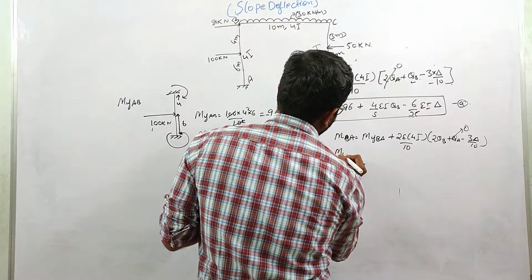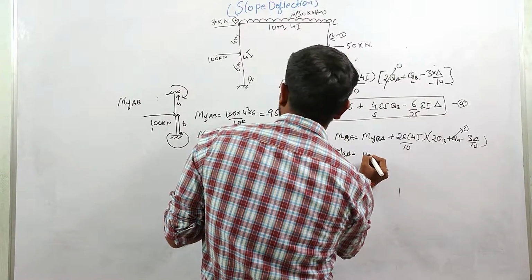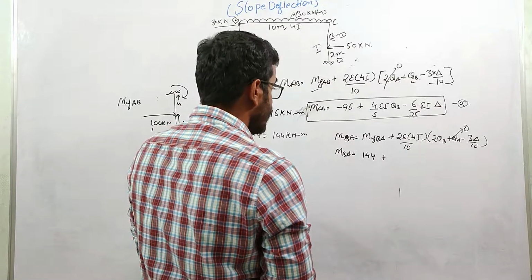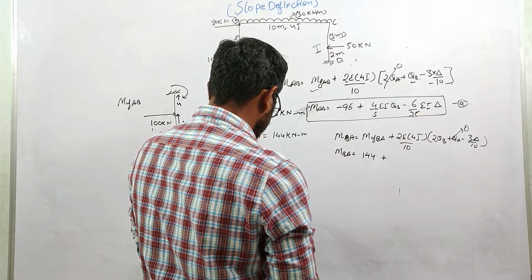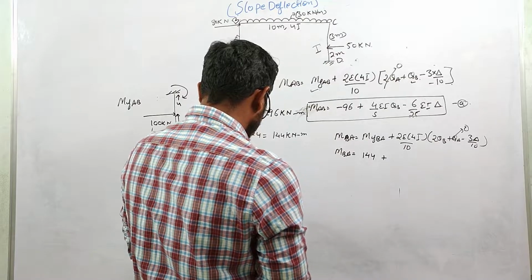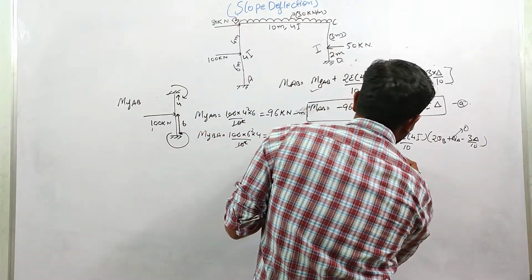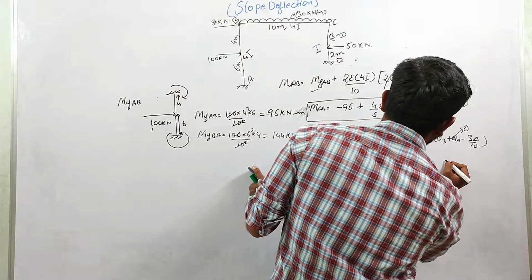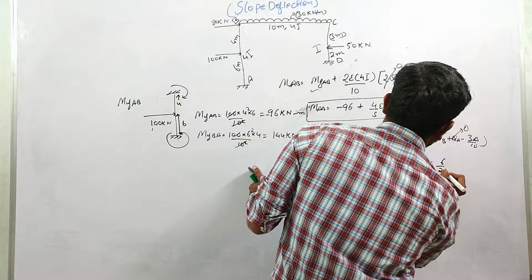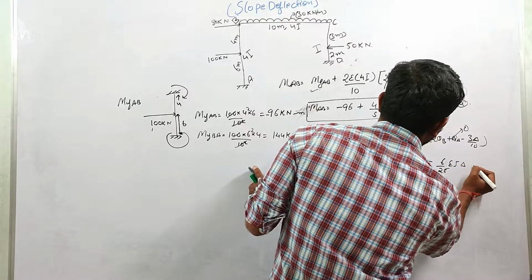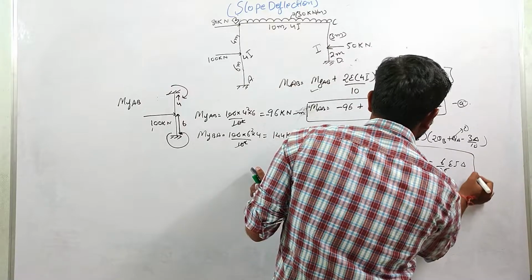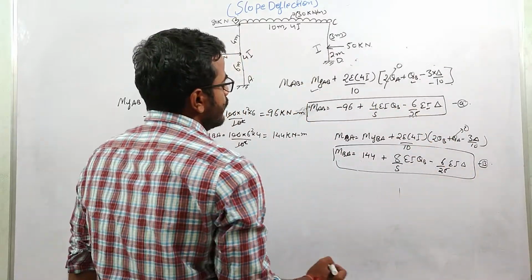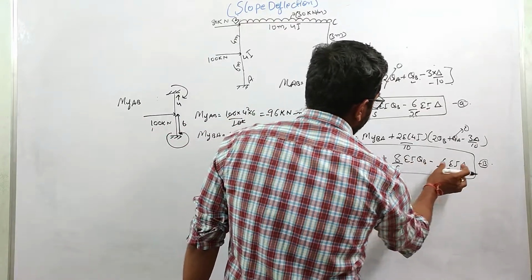So MBA will be equal to 144 plus 16 by 10, so this is 8 by 5 EI theta B minus 6 by 25 EI delta. Okay, and let us term this equation as B. So we have unknowns: MBA unknown over here, theta B and delta unknowns.